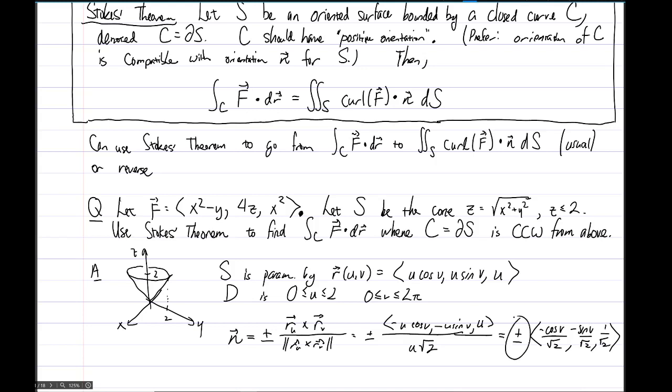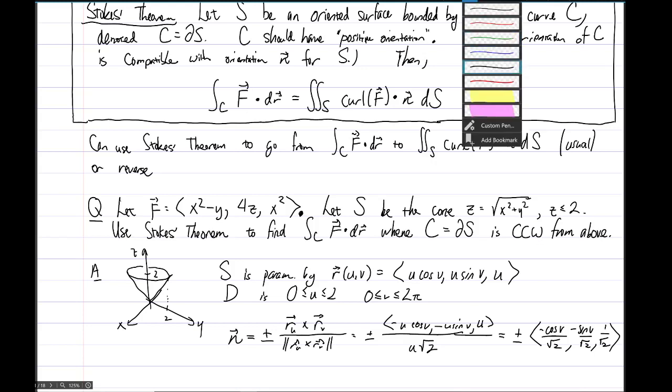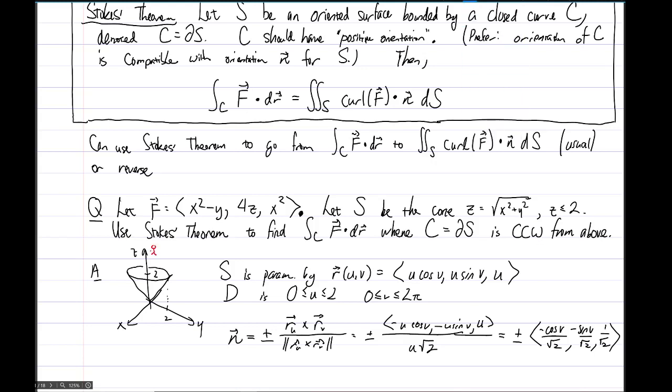Now, which sign do we take, plus or minus? We were told that we wanted the circle to be parametrized counterclockwise when viewed from above, meaning if we stood up here and looked down, this circle would be capital C, traced in the direction we need to go.